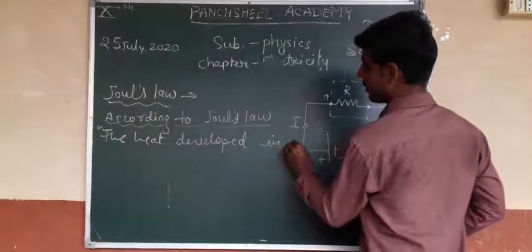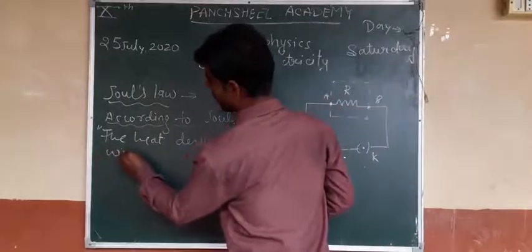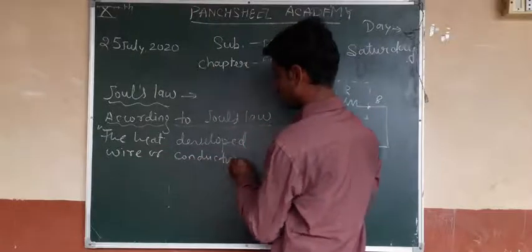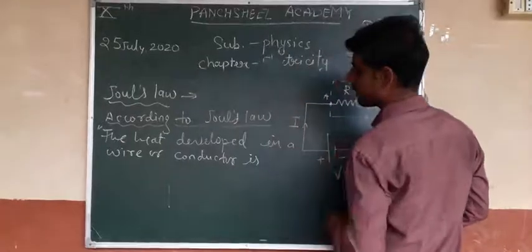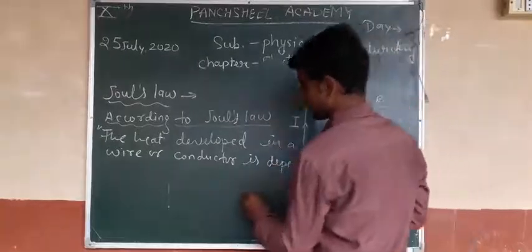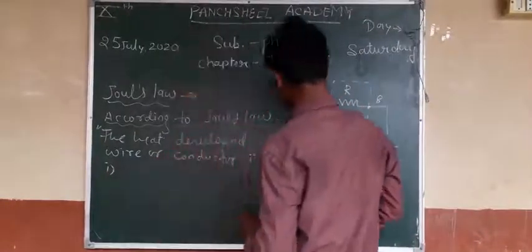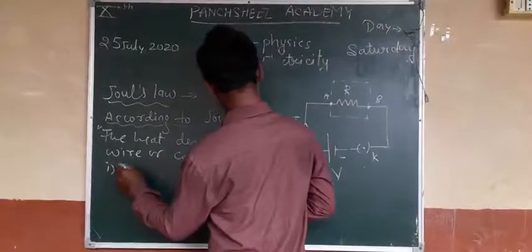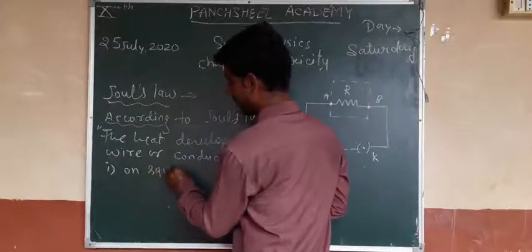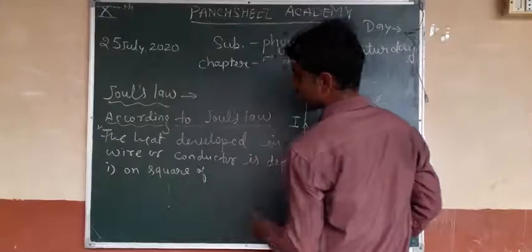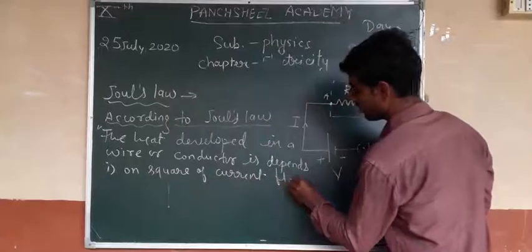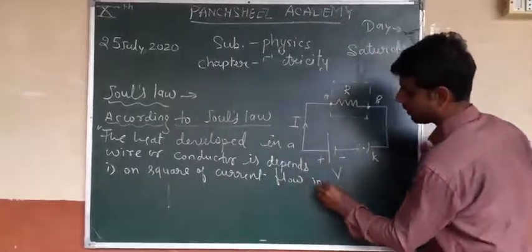in a wire or conductor depends, first, on the square of the current flowing in the wire.